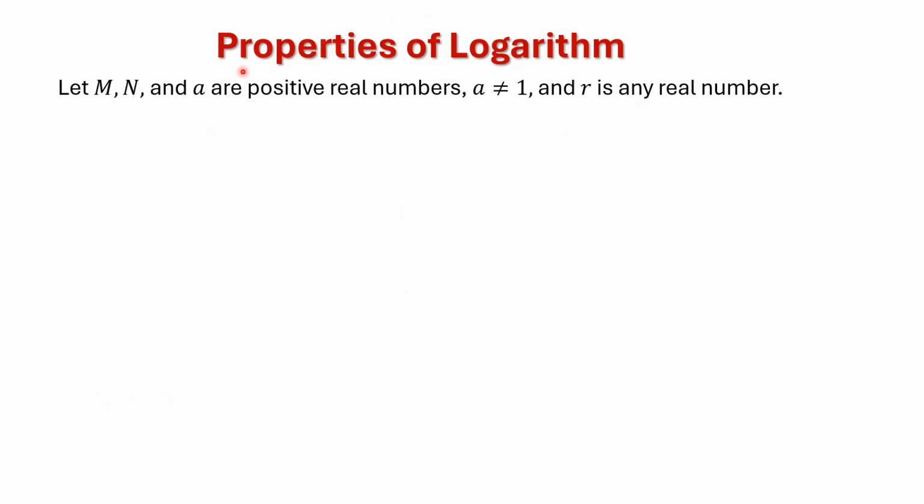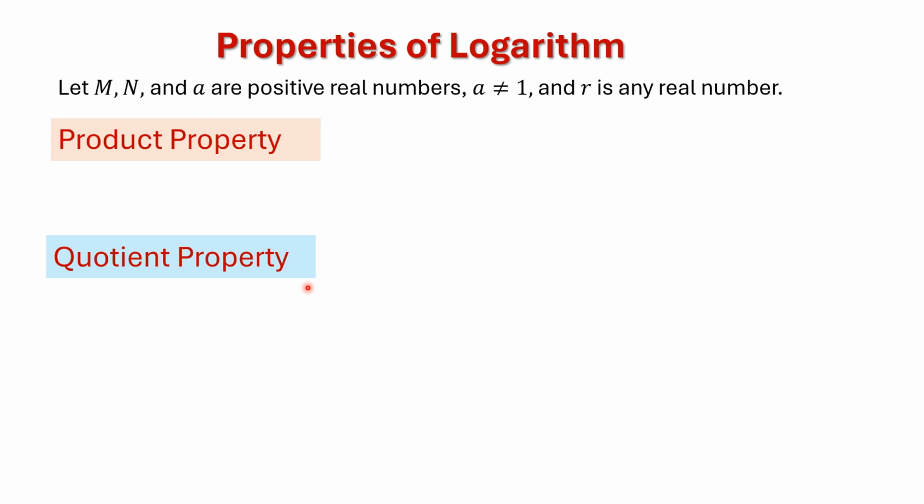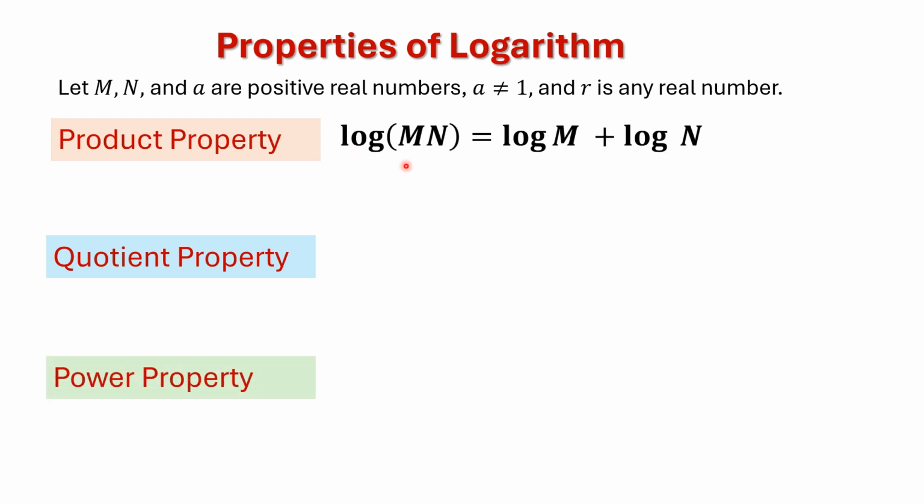So for other properties of logarithm, we do have the product property, quotient property, and power property. For the product property, log of the product of m and n is equal to the sum of their logarithms, log m plus log n. So if there's a log of the product, it's equal to a sum of logs.